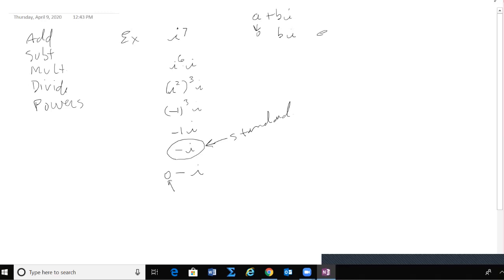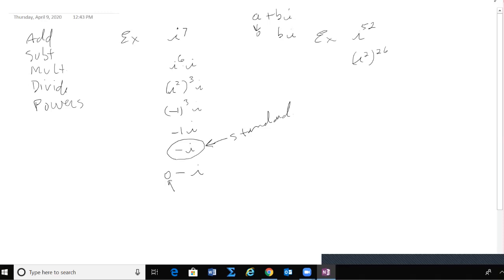Let's do another one of those. Let's say I have i to the 52. I don't know when you'd ever see that, but this will illustrate the process. I can immediately write that as i squared to the 26, since it's even.